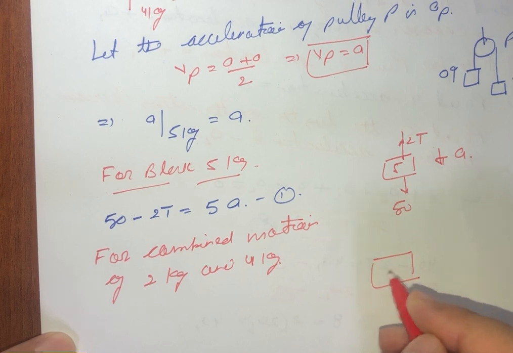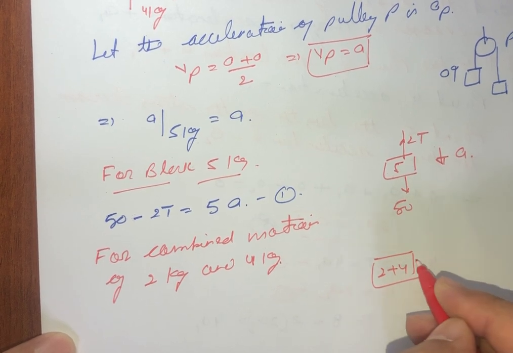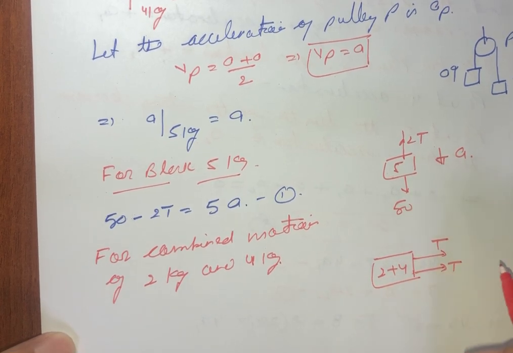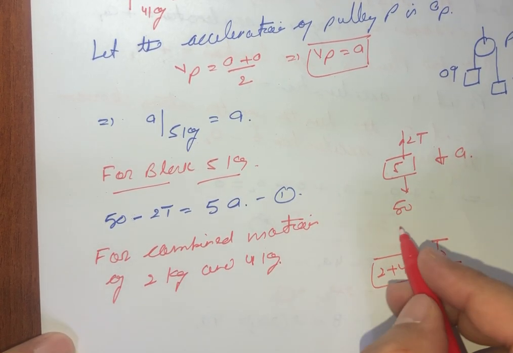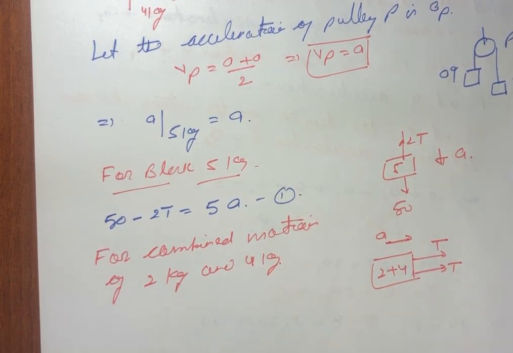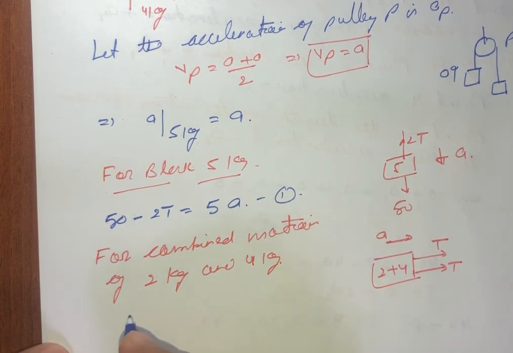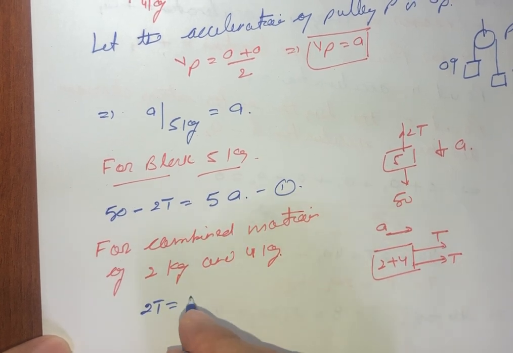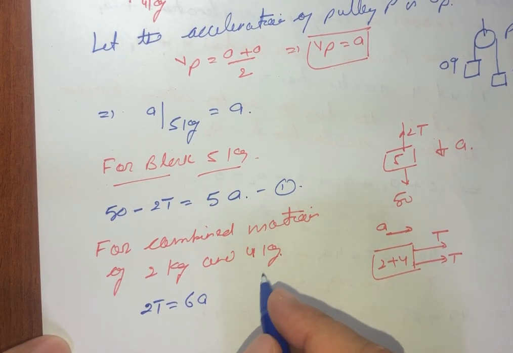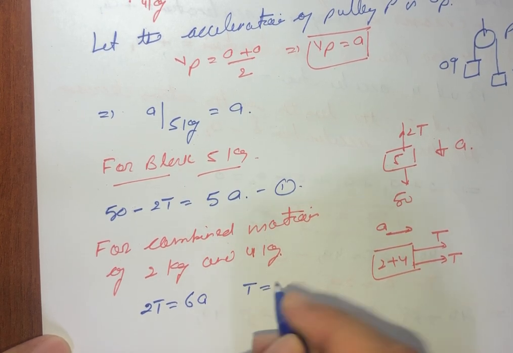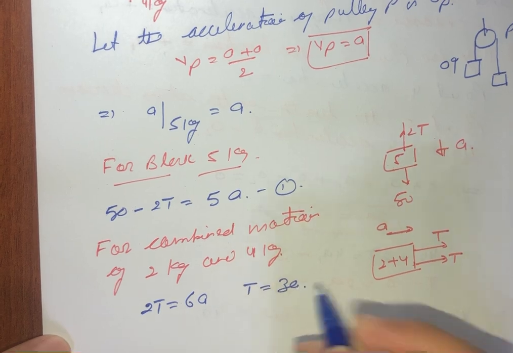So we have 2 plus 4, and we have a tension T, moving towards the right with acceleration A. So we clearly can say that 2T will be equal to 6A, and from here we can say that T is equal to 3A.